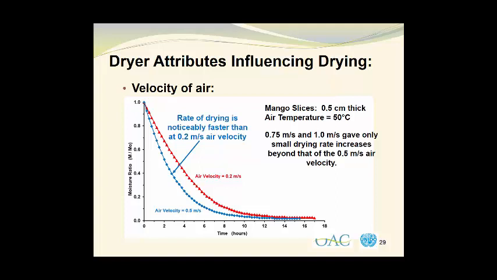So after these tests were done, all of the drying tests in the lab were done using an air velocity of 0.5 meters per second.